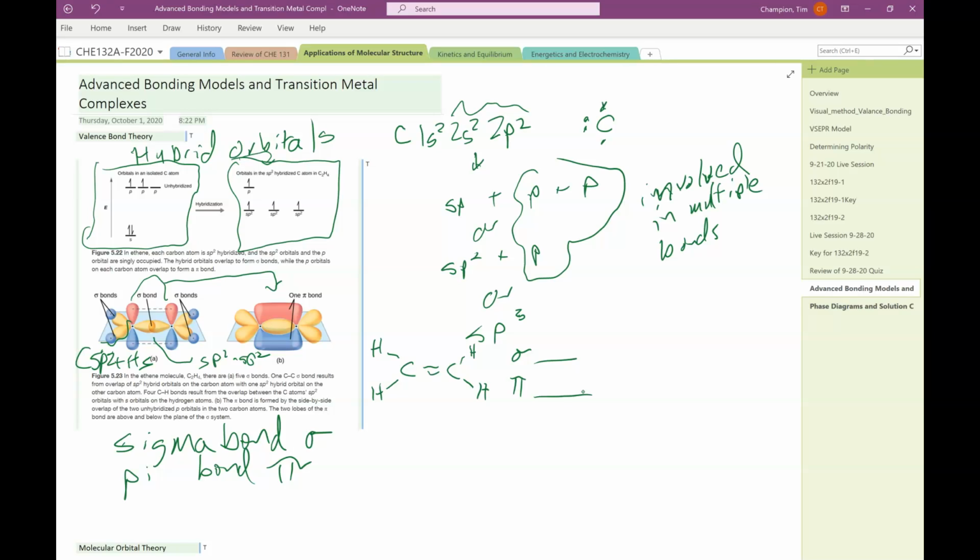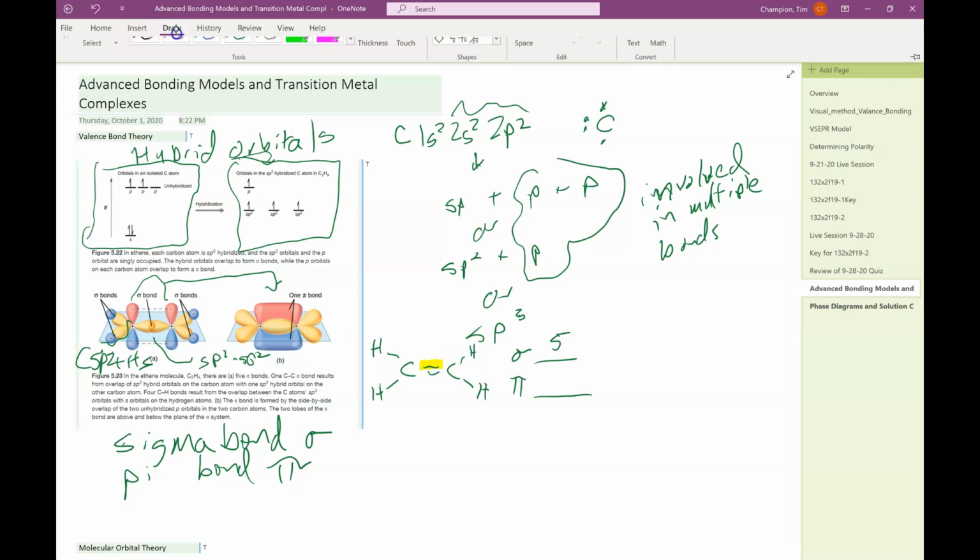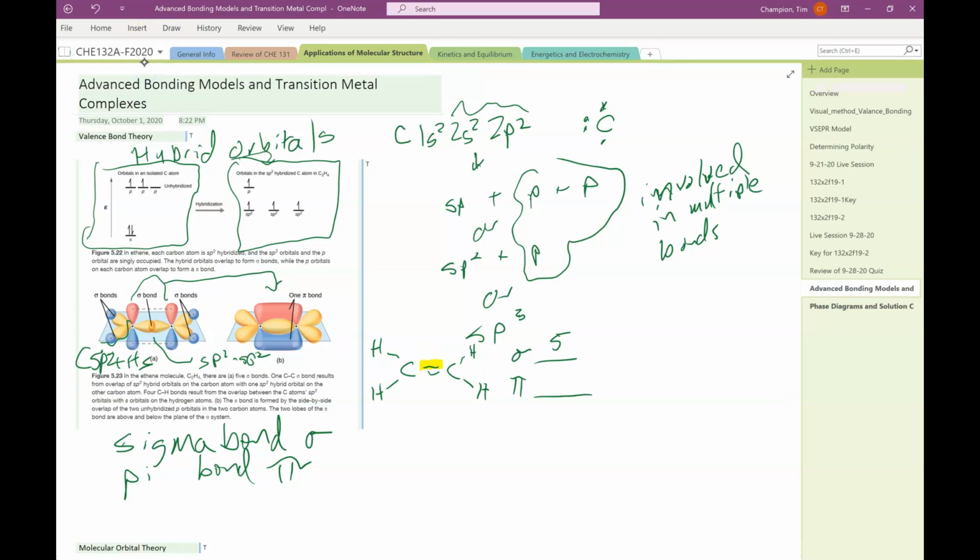So we have 5 sigma bonds here, and I'll leave them normal. Let me just highlight the pi bond, which is one of these 2 double bonds here. So we have 1 pi bond present in that structure.